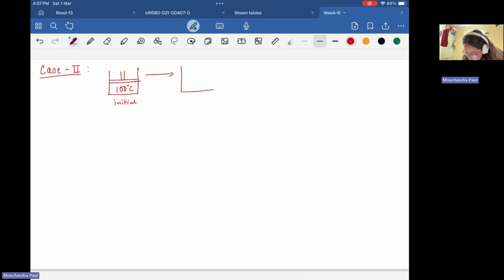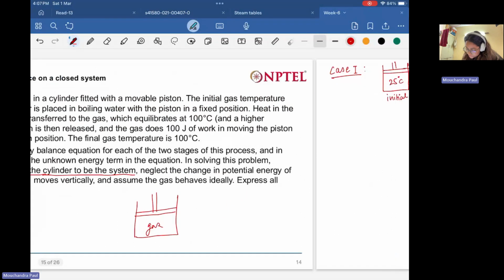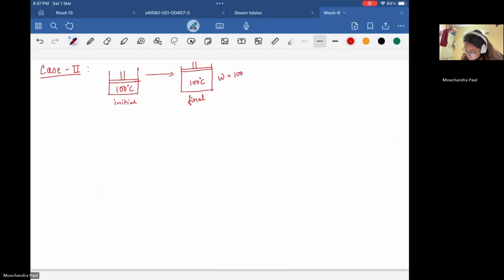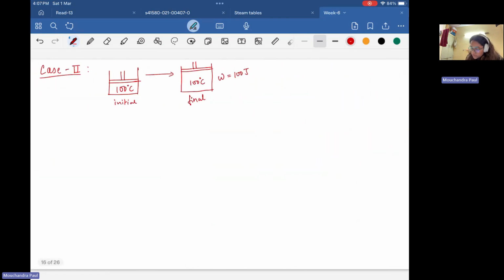Some work is done by the gas for moving the piston to a new position, which is work equivalent to 100 joules. And the final temperature of the gas is 100 degrees Celsius. Now, in this case, how will the energy balance equation change? This is the energy balance equation that we already know, right?